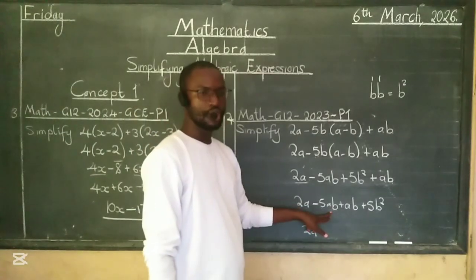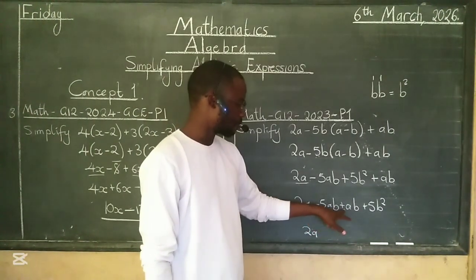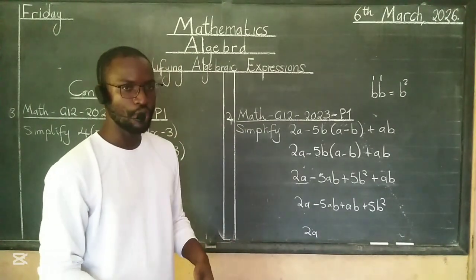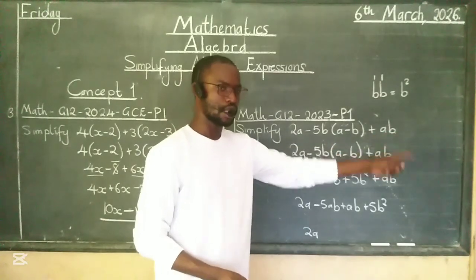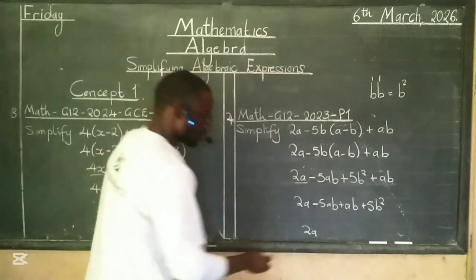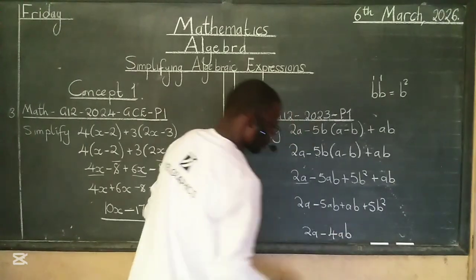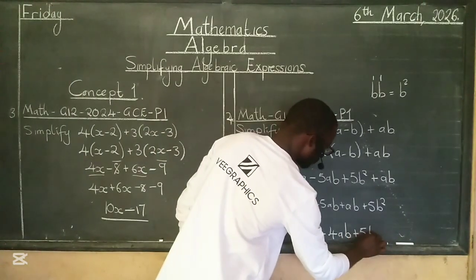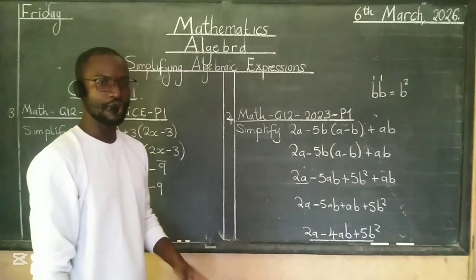Minus 5 apples plus 1 apple. Using that number line, it's like we'll be going 5 steps in the negative direction and then 1 step in the opposite direction. So this will be minus 4ab. Then the last part will be plus 5b squared. And just like that, we are finished.